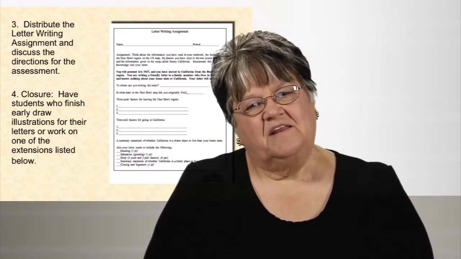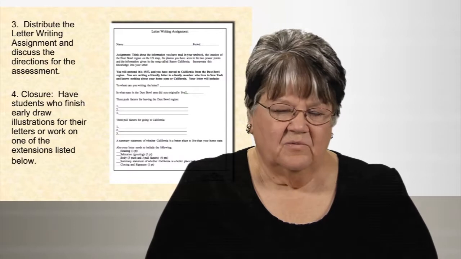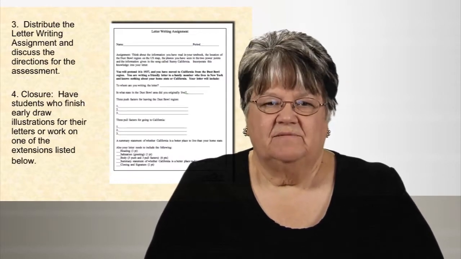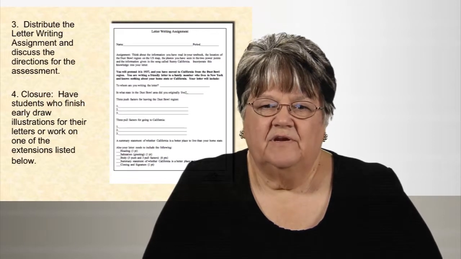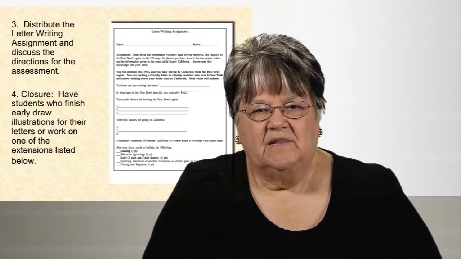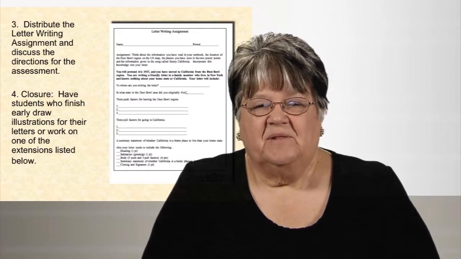And then at the end, after you've thoroughly discussed pushes and pulls and going to California, the writing assignment would be that the students are now to pretend it's 1937 and they're in California and they're writing back to a friend. They're writing a friendly letter to a family member. It's not a friend, it's a family member.